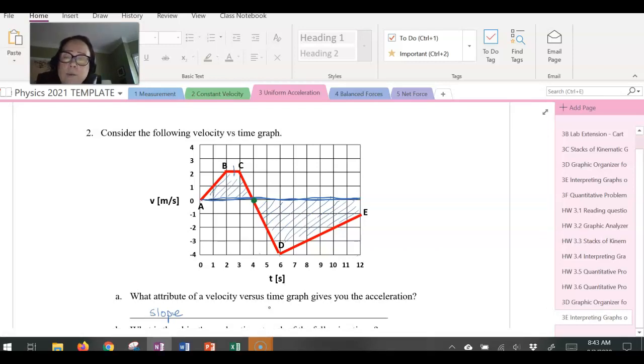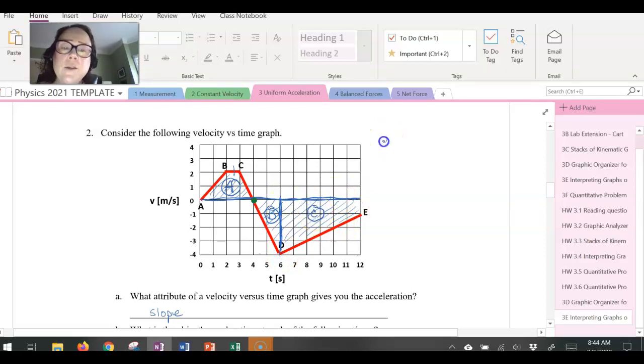Now, the shapes are complicated. I'm going to call this A. That's a trapezoid. This other shape I'm going to have to divide into at least a couple because it's not just one trapezoid. So I'm going to call this B, and this is a trapezoid, so I can call that C.